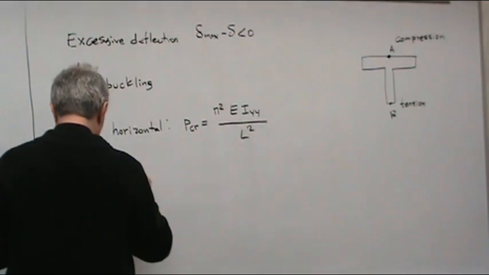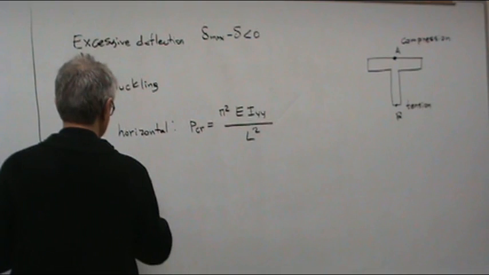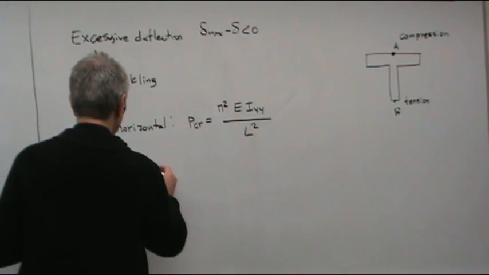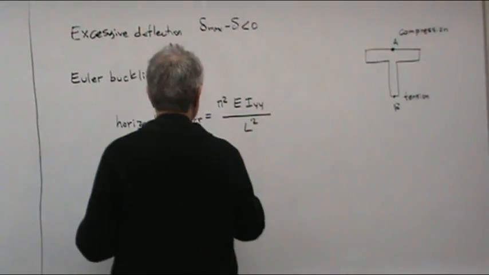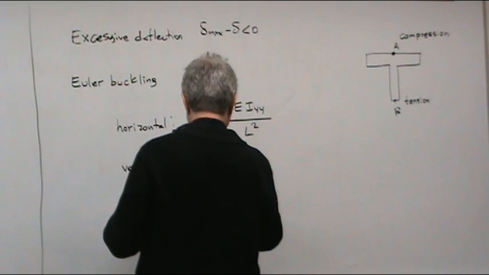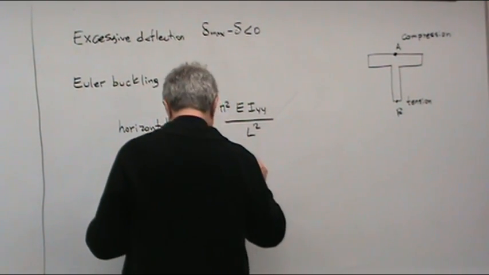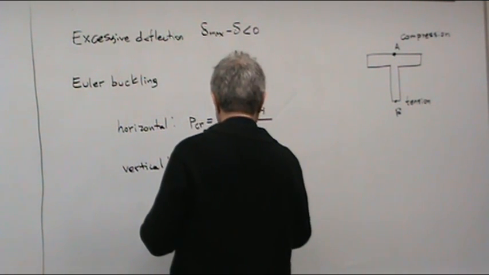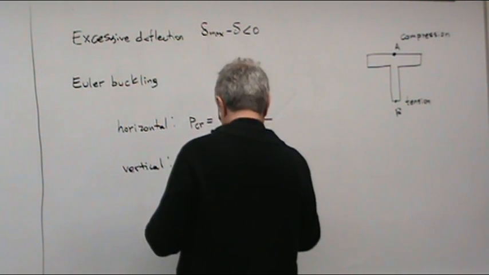And then for the vertical plane, it is pi squared E times the moment of inertia about x divided by L squared.